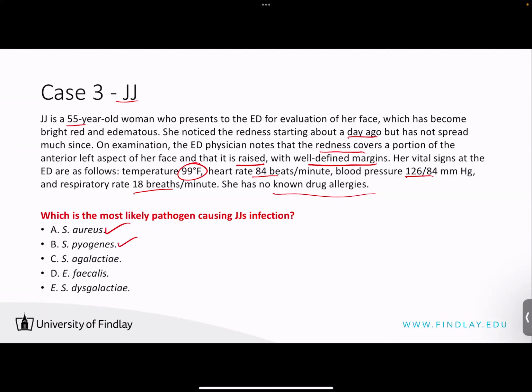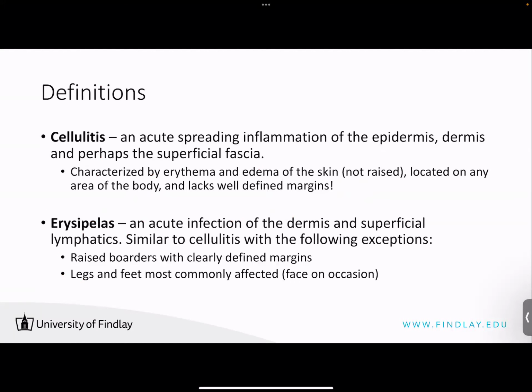It's probably one of those two, right? So as a result, we'll just throw out the other three right now, and then you can come back to this and answer it. Right now, what we're really referring to are two different types of infections. One's called erysipelas, and the other is called cellulitis. Erysipelas is a superficial skin infection, mostly involving the lymphatics.